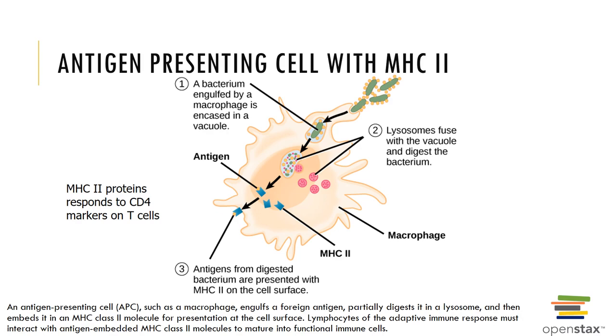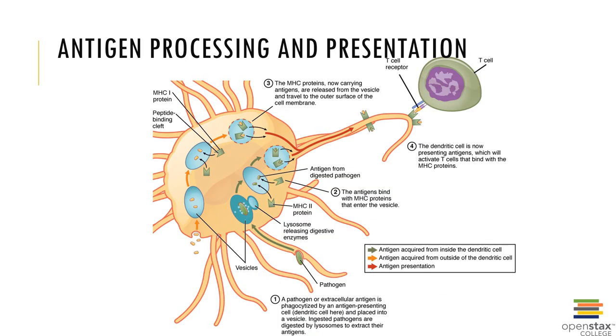The helper T cells begin secreting cytokines which now alert other B and T lymphocytes that an infection has been located and guides these cells to the site of infection by positive chemotaxis. And here you can see that process of antigen processing and presentation.